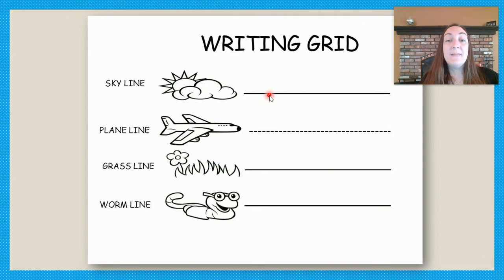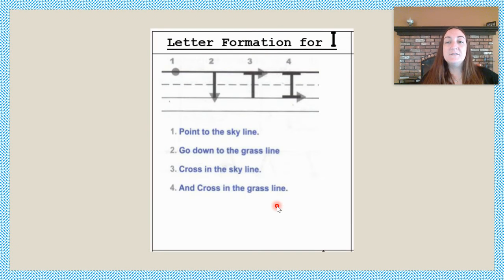Okay, so this top line here, can you tell me what it is? Skyline. Then we have the plane line. Good. And what's this one? The grass line and the worm line. Good job. Okay, so today we're talking about capital I. And when we write the capital I, we first start by pointing to the skyline.